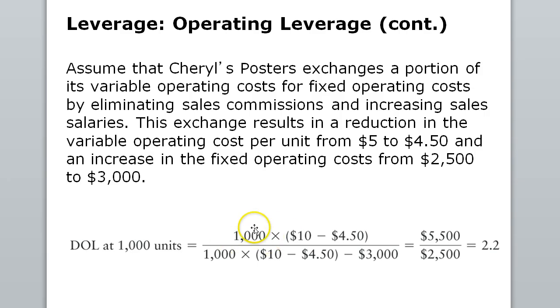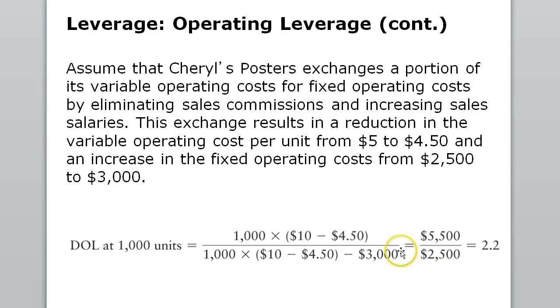What if this does change? Well, again, we put the numbers in, we're just changing the variable and the fixed costs, and we get a higher leverage here, 2.2, because now EBIT is going up to 550, but the EBIT is still 2,500. So we have even higher leverage.